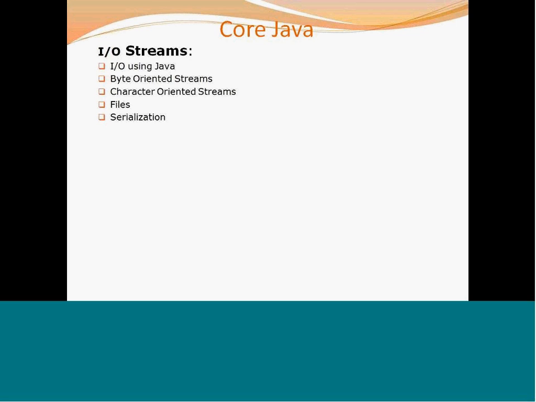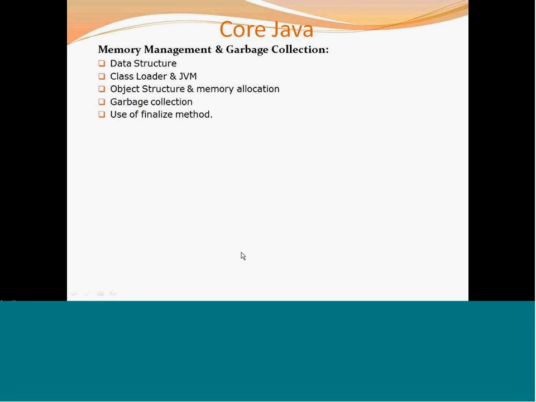Next to that, this is a very important part of Java: memory management and garbage collection. If you have knowledge of C or C++, they do not have garbage collection. Whatever your program creates, a new object and whatever operations you have done, is first executed in your main memory area, that is your RAM, correct?